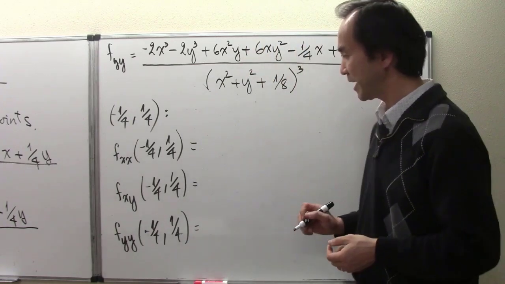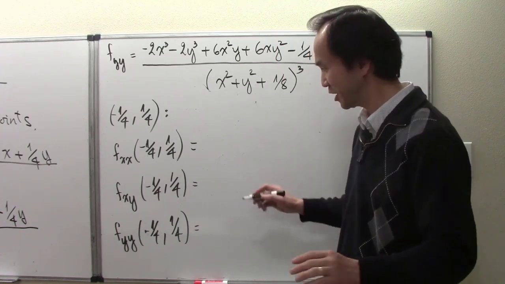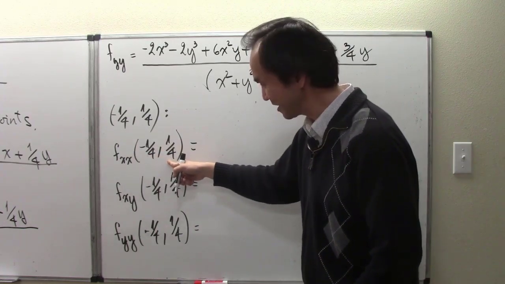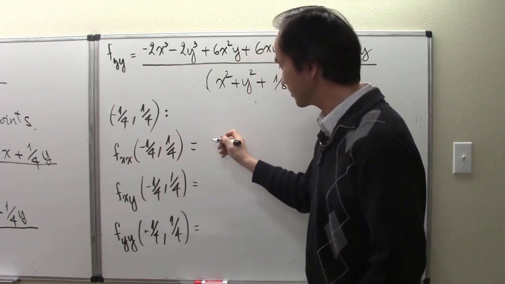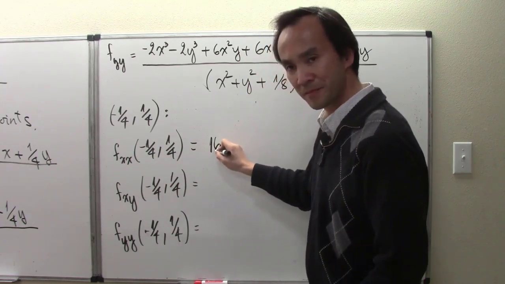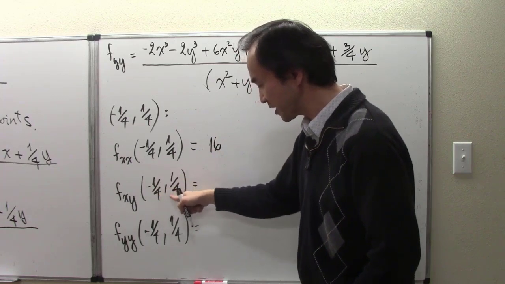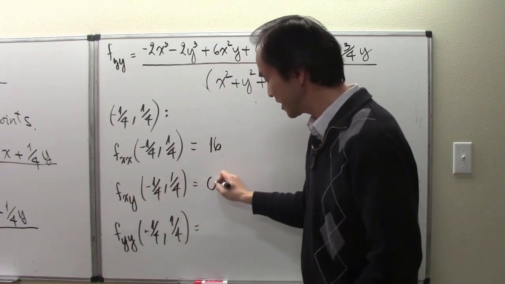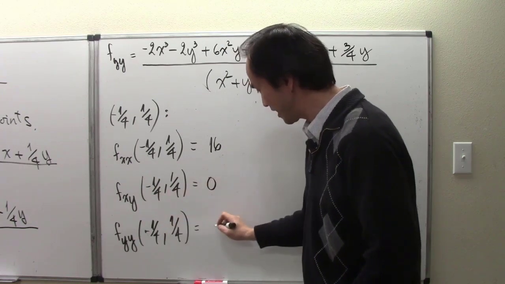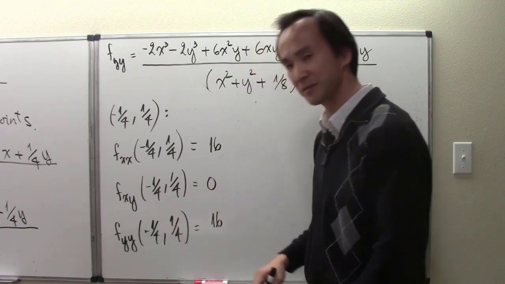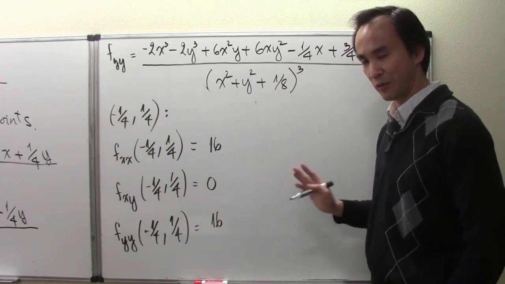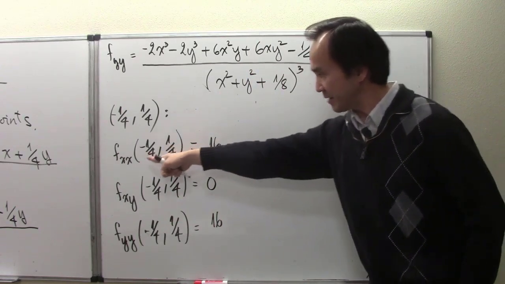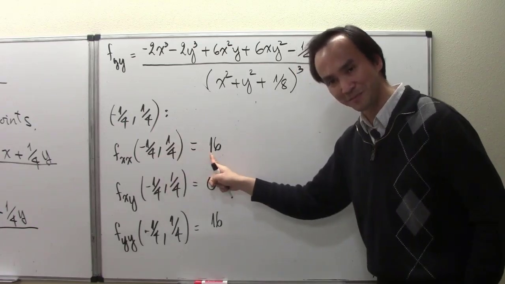All right, my calculations on the computer show that at this point, negative 1/4 comma 1/4, f sub xx equals positive 16, f sub xy equals 0, and f sub yy also equals positive 16. Now we are ready for setting up D. You can see f sub xx at that point is positive.